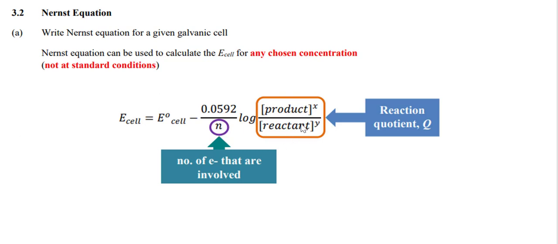So the product over reactant here is our reaction quotient. To determine our reaction quotient, we look at the overall equation, where the aqueous phase and gas phase are included in the expression.